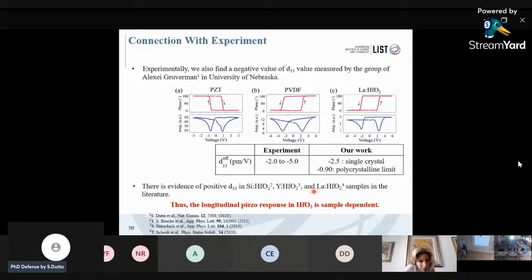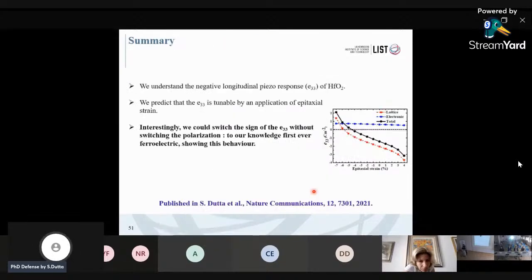So with this, let me summarize this part. Here we understand the negative longitudinal piezoelectric response of hafnia. We predict that you can prove this by application of epitaxial strain, and most interestingly, you can even switch the sign of the d33 without switching its polarization. To the best of our knowledge, this is the first ever ferroelectric strain-induced sign switching.